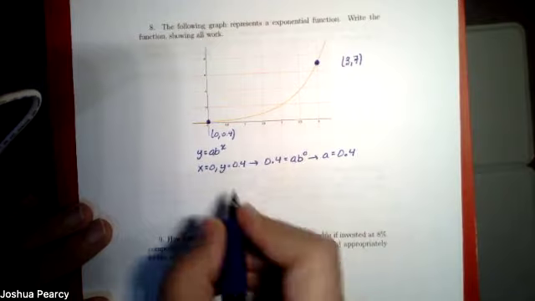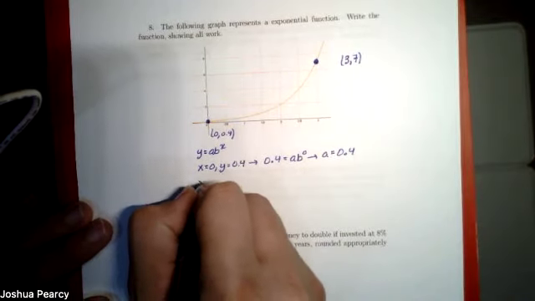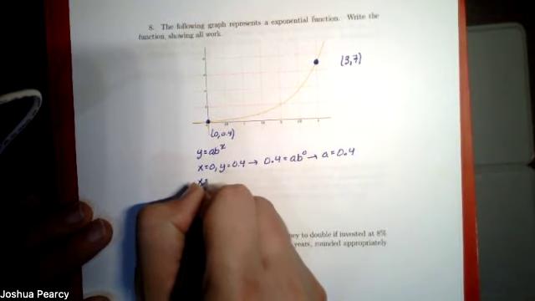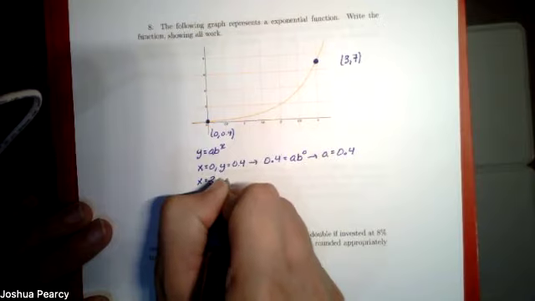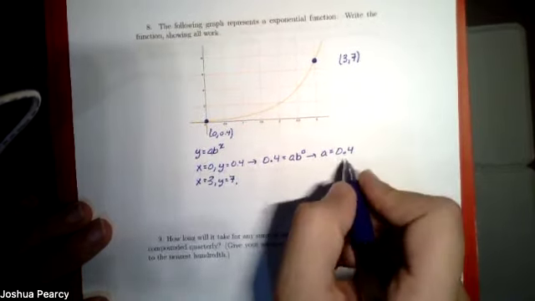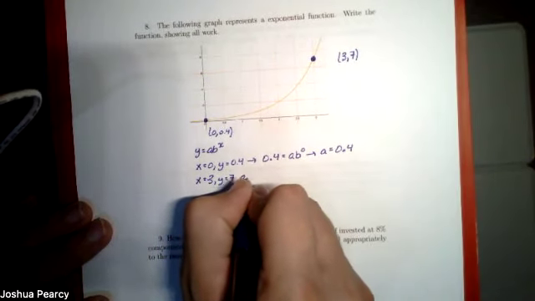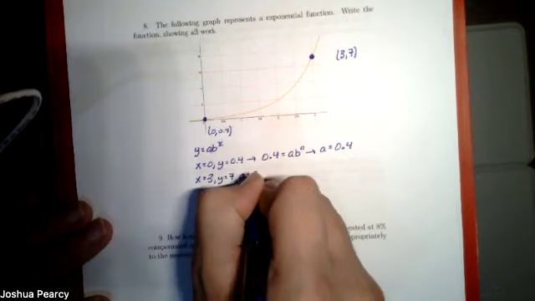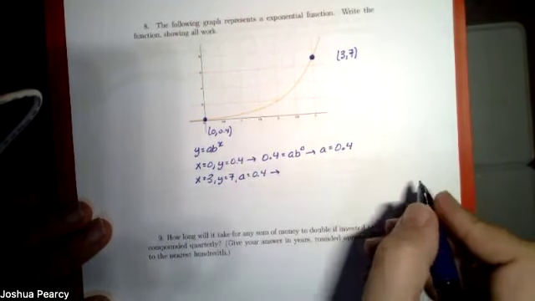So let's see how we can do that. Let's use the second point up here. We have the point x equals 3, y equals 7. And I also know from the first part that a is 0.4. So now I can solve for b.